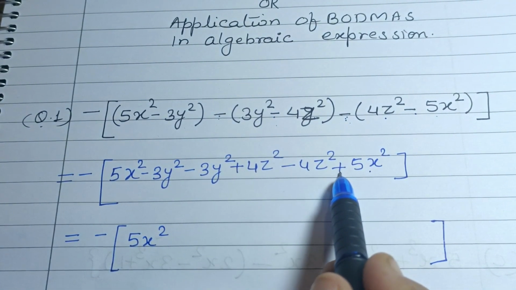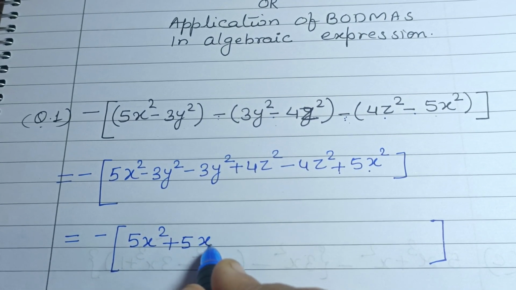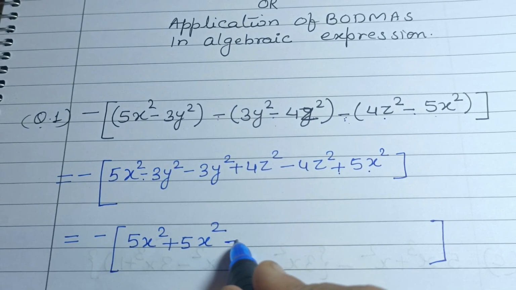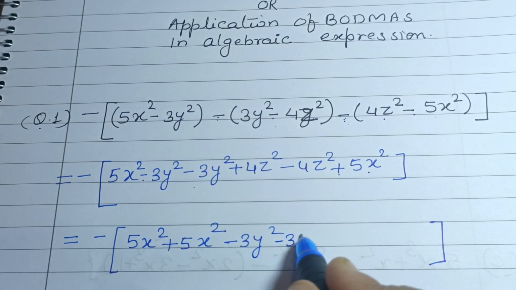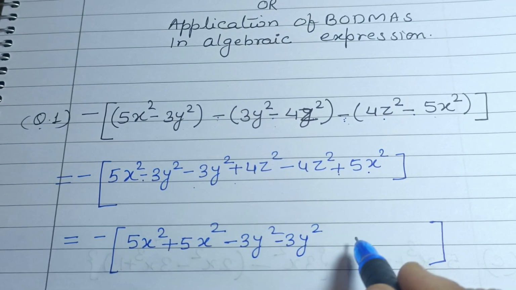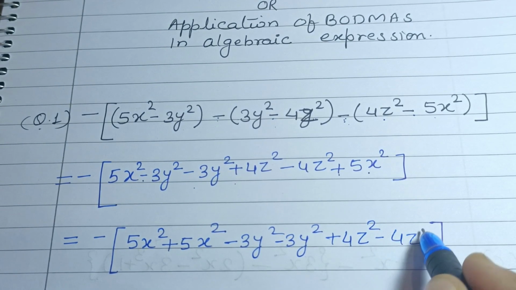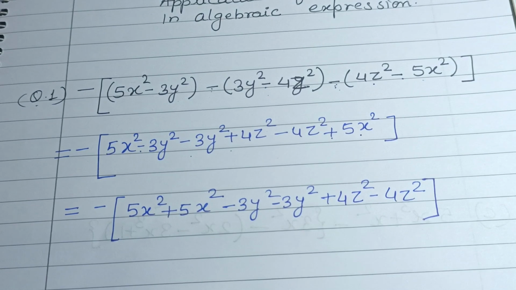Before this there is a plus sign, so I will put a plus sign before this 5x square. Then minus 3y square, minus 3y square. Then plus 4z square, minus 4z square. In this way I have rearranged the like terms together.